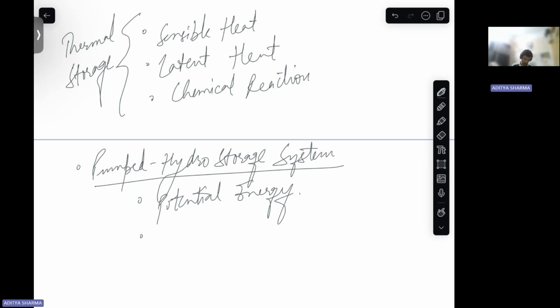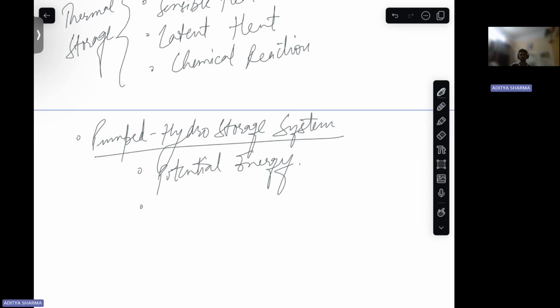Then in your pumped hydro storage system, if you have to define how efficient your system is, how do you do that? A parameter, turnaround efficiency, is used to define that.